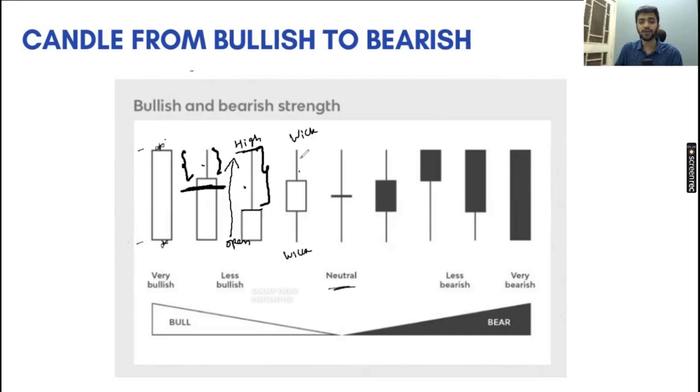Because we have a bit of indecision here. When I say indecision, it simply means that overall the bulls and bears are fighting equally on both sides and no one is winning right now. So here the buyers are still winning comparatively, but when you go to here, no one is winning. This simply means open is equal to close.